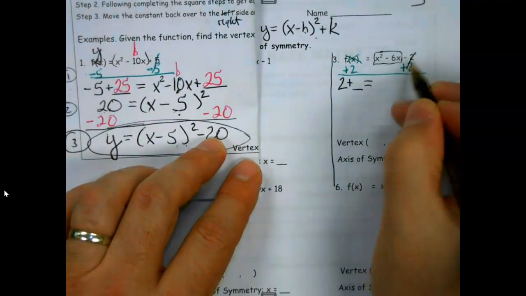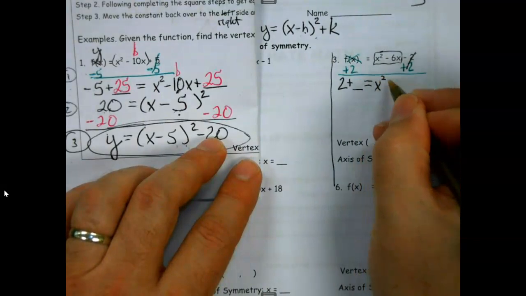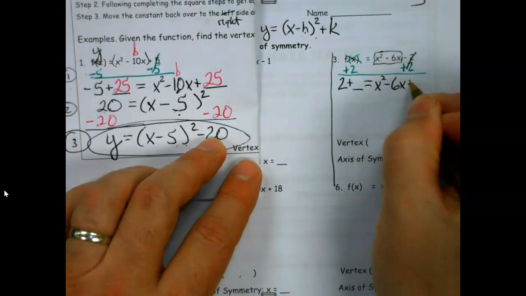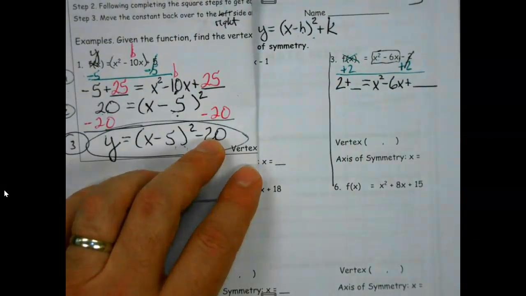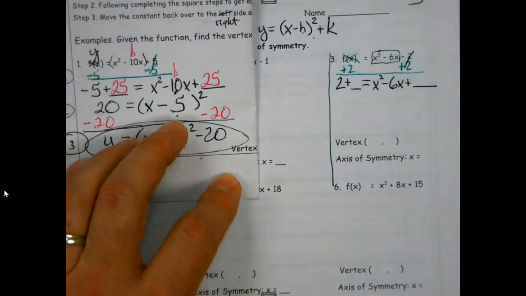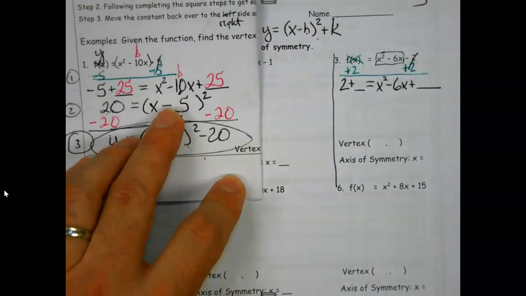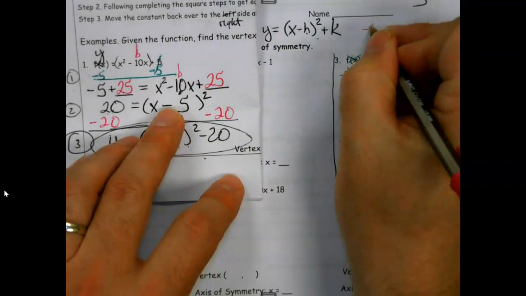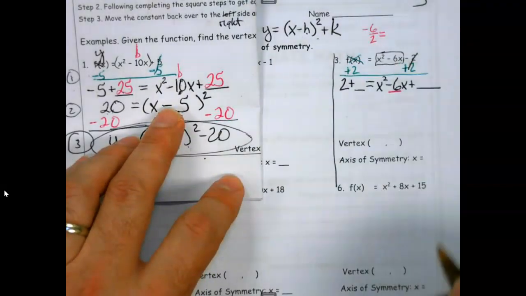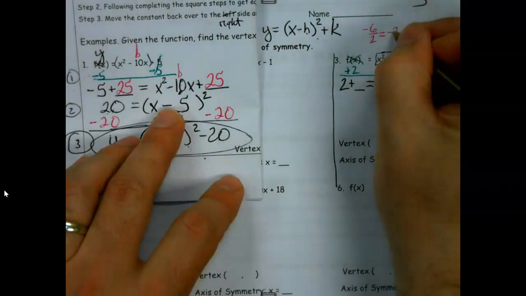My x's are alone on this side now. My x squared and my 6x. They get their blank. And just like we did on problem 1 and on this example, we're going to take that b value, divide it by 2, take the sign with, -3.